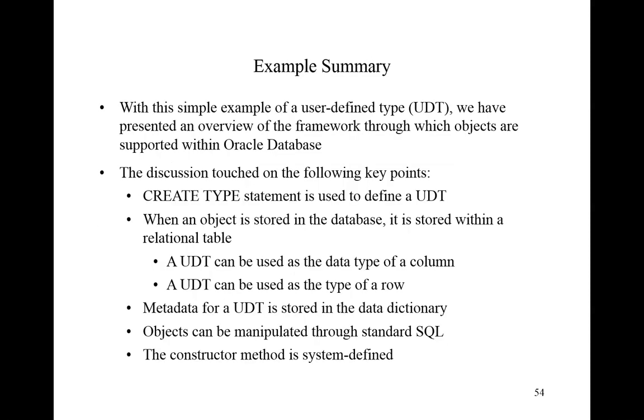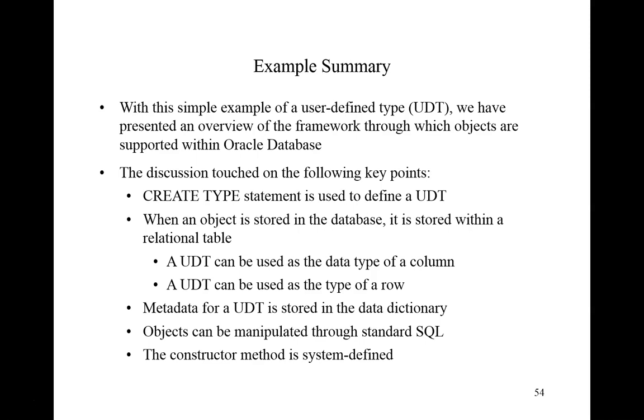So summarizing what we've talked about here, with this example of a user-defined data type, or an object type, we presented an overview of the framework through which objects are supported within Oracle Database. The discussion touched upon the following points. The create type statement is used to define a user-defined type or an object type.